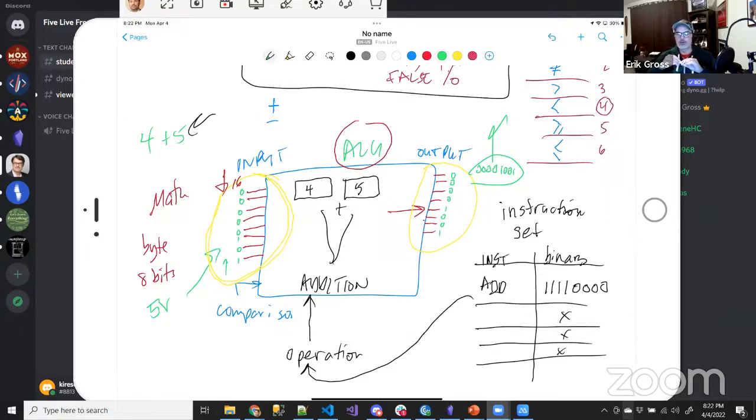Now, unless you get a very unique job, you're never going to be operating down inside the CPU and manually creating, for example, these binary patterns that are going to go into the ALU, or manually retrieving answers from it, or manually putting in these binary codes relating to instructions.